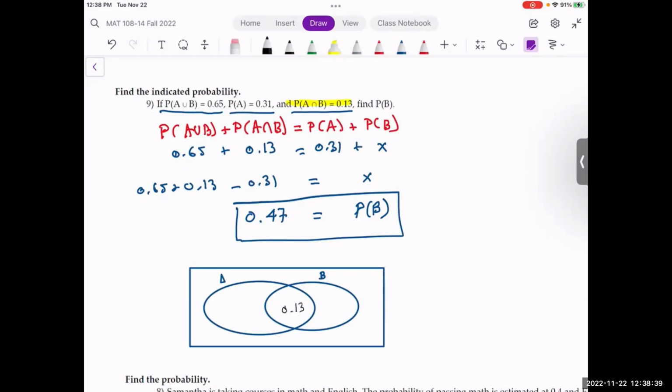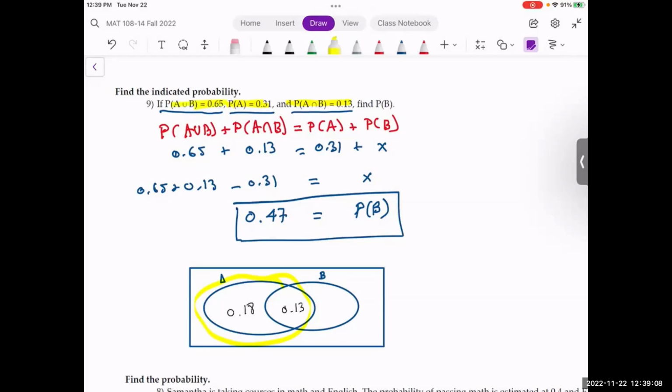Then I'm going to go to the probability of A, which is 0.31. So if A is 0.31 and I have 0.13 there, what's the remaining? 0.31 minus 0.13 gives you 0.18. Very good.